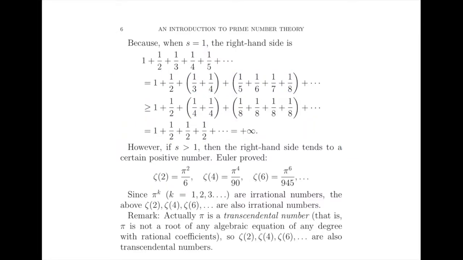And it is known that pi to the k, pi squared, pi cubed, all such powers of pi are irrational numbers. It is known. So therefore, zeta 2, zeta 4, zeta 6, all values of the zeta function at even integer points are irrational numbers.